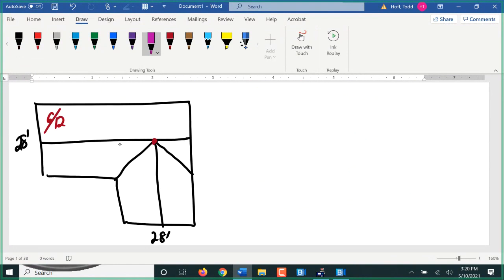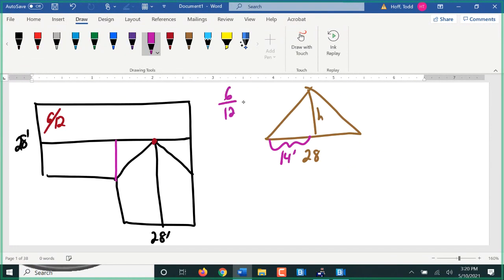Once again, we're going to find our common rafter length. 8 feet, H, 14-foot run, 6/12 slope, 6/12 equals H over 14. Cross multiply and divide gives us H is 7.